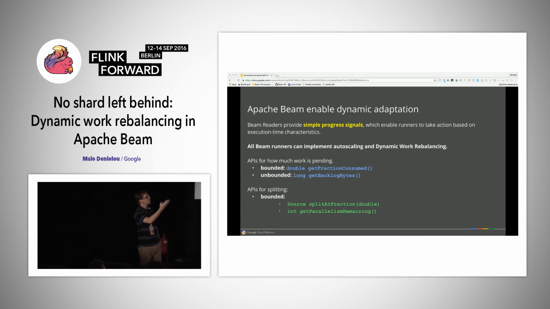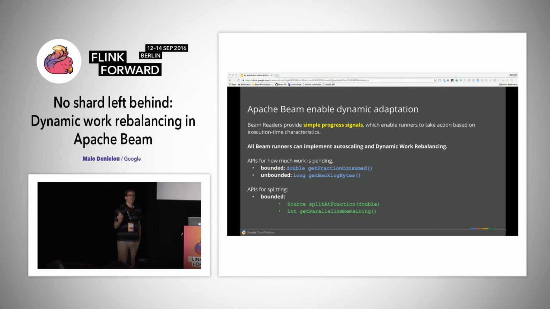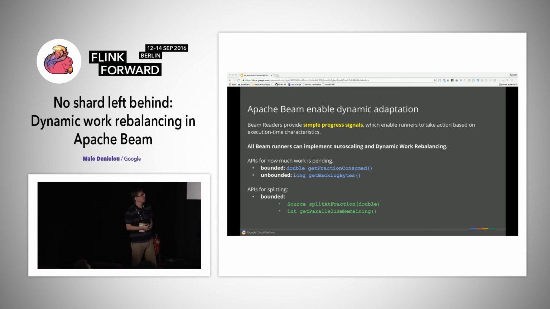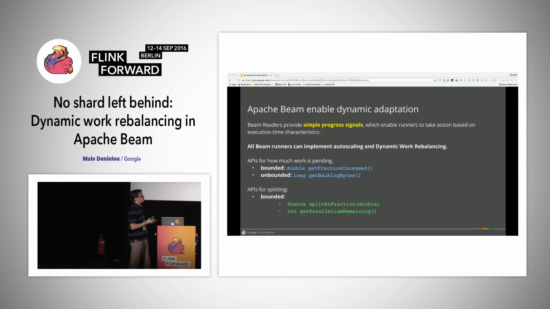So let's say splitAtFraction 0.5 will tell the source, well, give me back 50% of your task. And then the source is given back to the runner, which can do whatever it needs to assign it to a new worker, and it works.